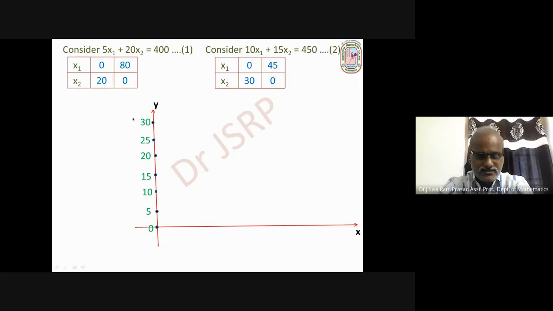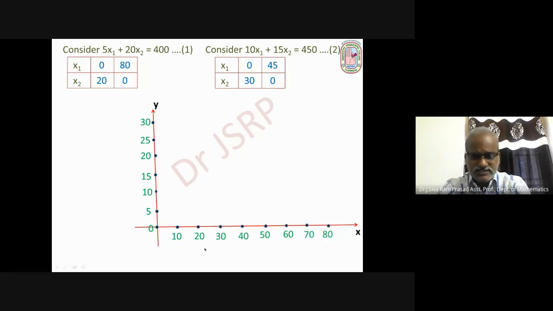So on the y-axis, the scale is 1 centimeter equal to 5 units. On the x-axis, the range is 0 to 80. Take 1 centimeter equal to 10 units. So this is 10, 20, 30, 40, 50, 60, 70, 80.